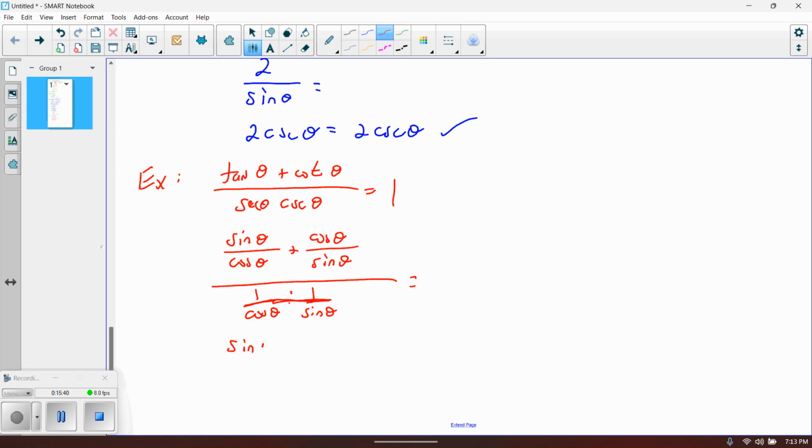So now we're going to get sine of theta over cosine of theta plus cosine of theta over sine of theta. That's still just the numerator. Now I'm going to bring that denominator up and flip it and multiply. So I'm going to multiply each term by cosine theta sine theta.